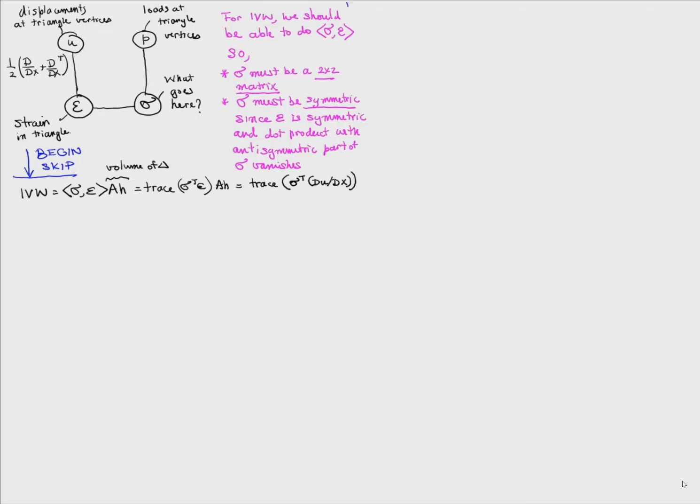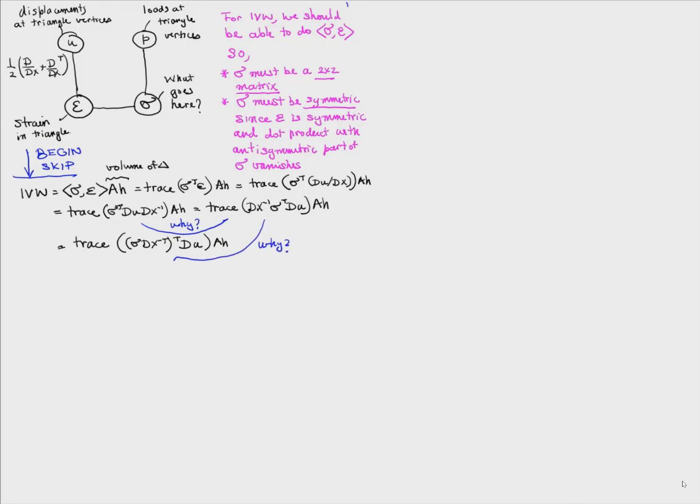Internal virtual work is the dot product of sigma times epsilon times the volume of the triangle. And we use our trace formulas from the previous video, basically the trace of a product of matrices, and the cyclic permutation doesn't change the trace. That's what we're doing over here up to this point.